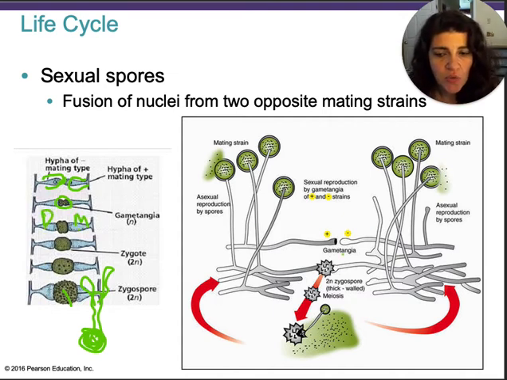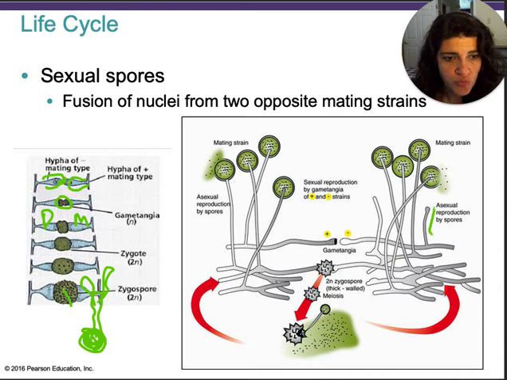When you have an asexual spore, it doesn't have a dad, right? It was just genetic material from one fungus. So this is here to show you the asexual reproduction, but the same fungus can have sexual reproduction by gametangia, which is this.